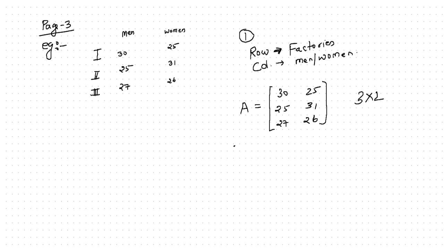Suppose as a user you choose that no, my row will contain gender data, that is number of men or women workers, and my column will contain the data for factories.